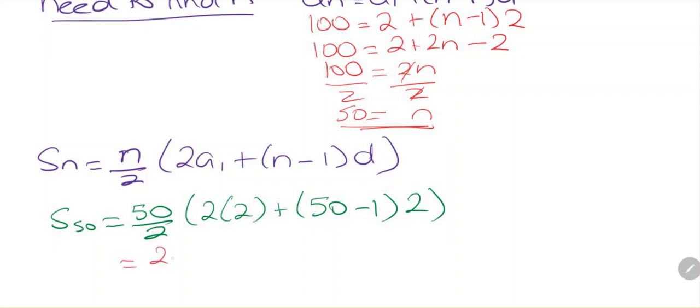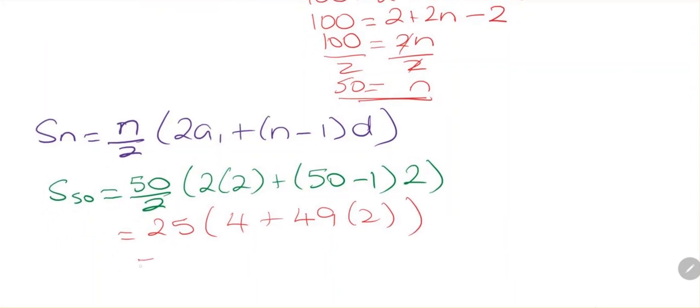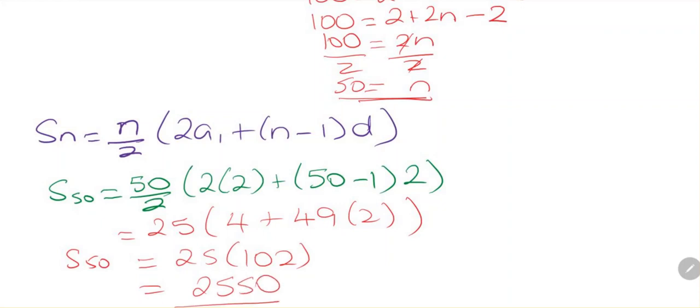So 50 divided by 2 is 25, 2 times 2 is 4, 50 minus 1 is 49, and 49 times 2. So the sum of the 50 terms is 25 multiplied by 102, which is 2,550.